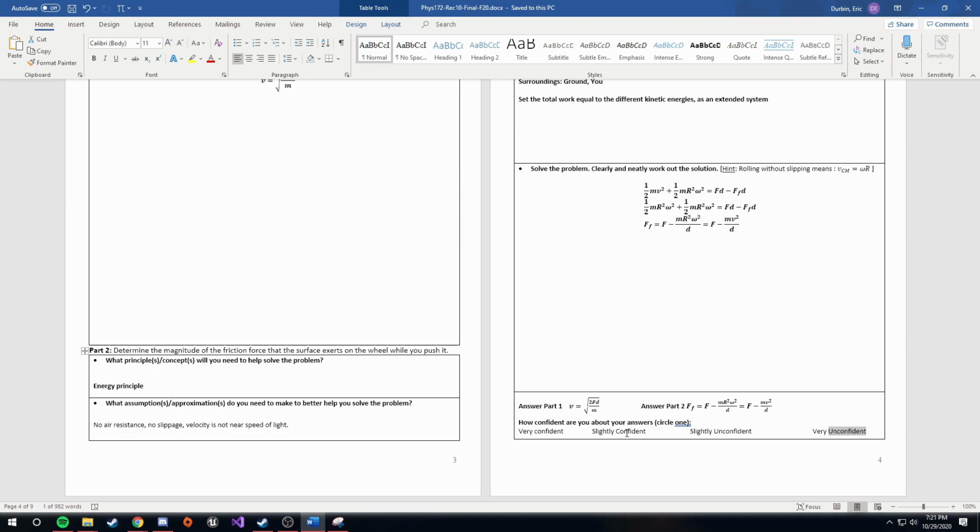What is this for? Is this just like, did they give us an easy problem or a hard problem? Oh, it's for next semester. I think even in this semester, they're looking for very confident and slightly confident. If they get slightly unconfident and very unconfident answers, that shows they need to change something about their teaching style or the recitations.